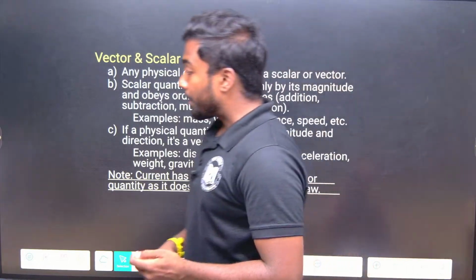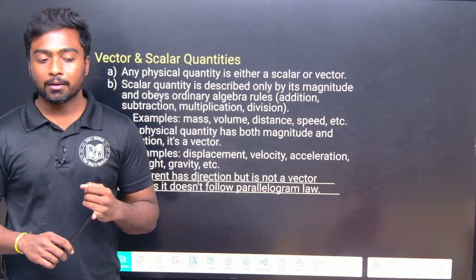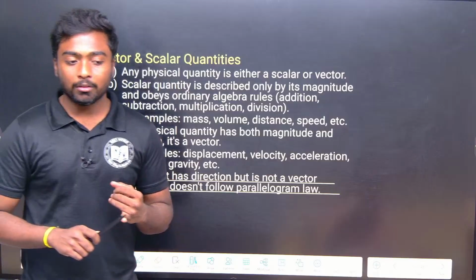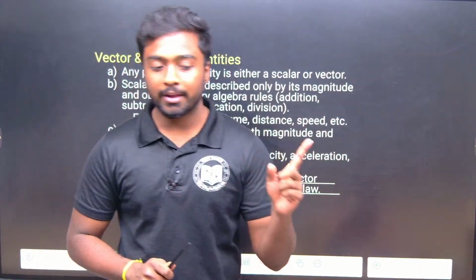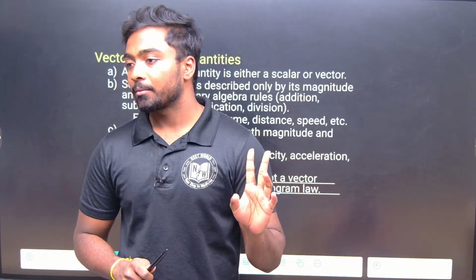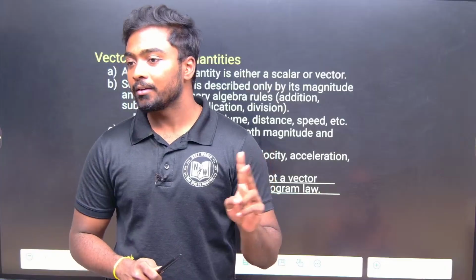So the main difference between vectors and scalars is that a vector has both magnitude and direction. A scalar is only magnitude, no direction. Okay, this is the main difference between vectors and scalars.